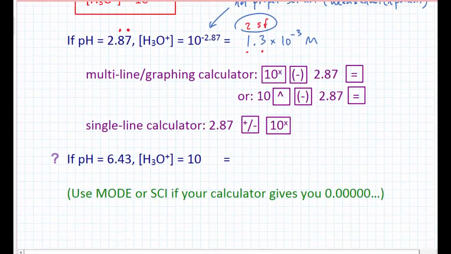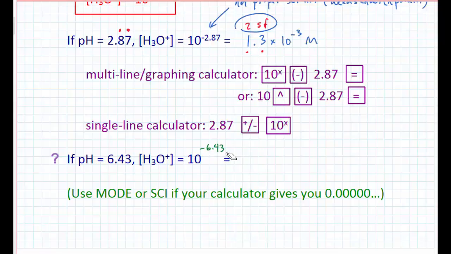So why don't you guys try that with pH of 6.43. To do that, it would be 10 to the what? But then you need to use your calculator to evaluate exactly what that would be. Now, if your calculator fills up with zeros, you need to force your calculator into scientific mode so that you have enough significant figures.